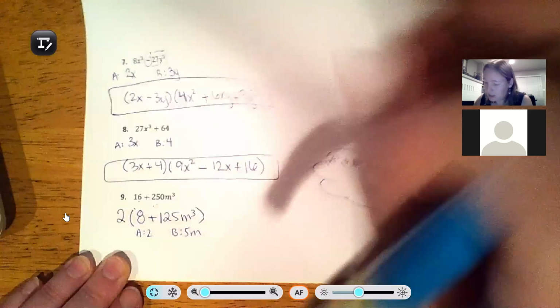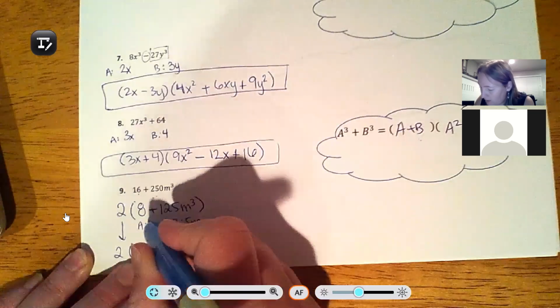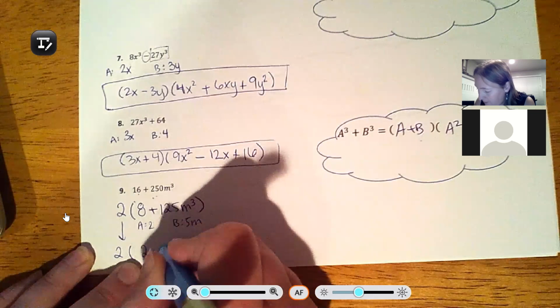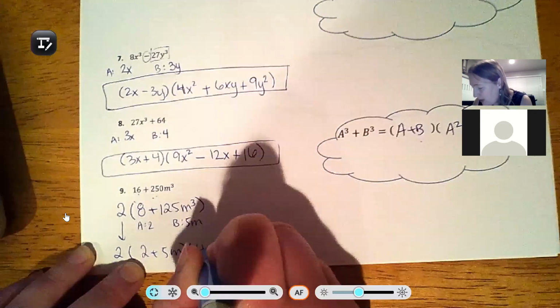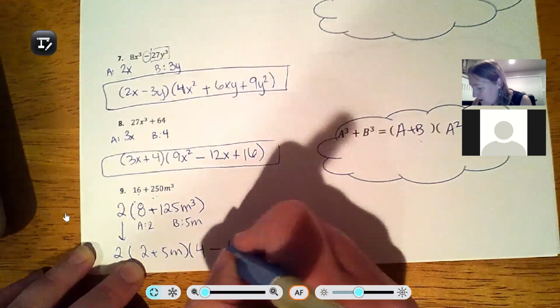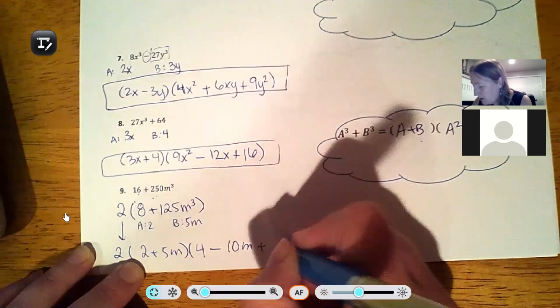And so your final answer would be this 2, the 2 plus 5m. You're going to square that. You're going to now do minus this times this, and then you're going to do plus this squared.